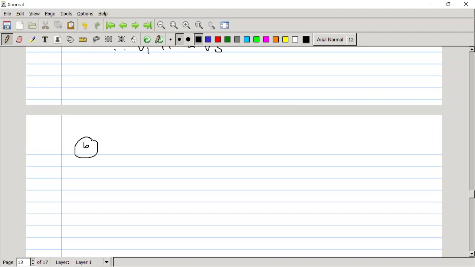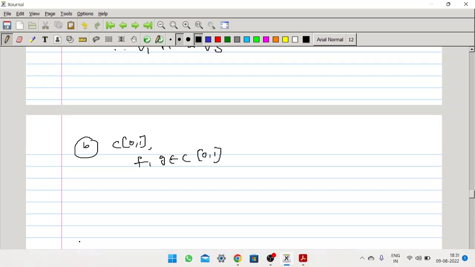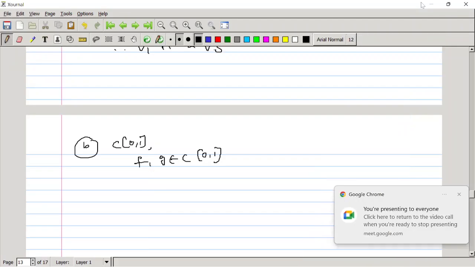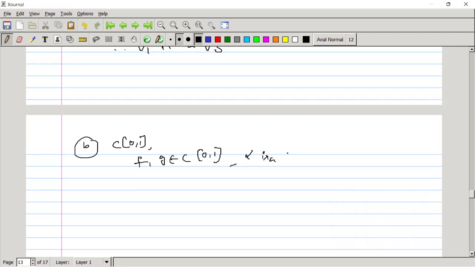The second option is C of 0 comma 1. Let's take two elements in this: f comma g belongs to C of 0 comma 1, and alpha is a scalar.